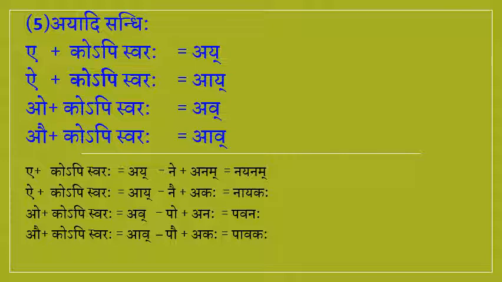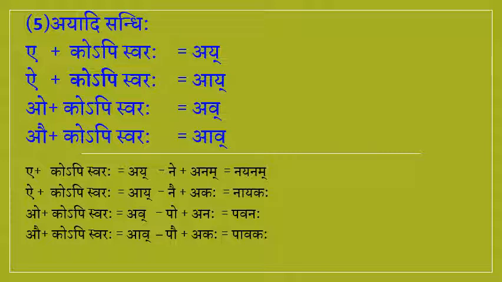The first word can end with e, ai, o or au, and the second word can begin with any vowel. It is not limited at all. It can be any vowel: i, e, u, r, a, ai, o, au, anything can come.